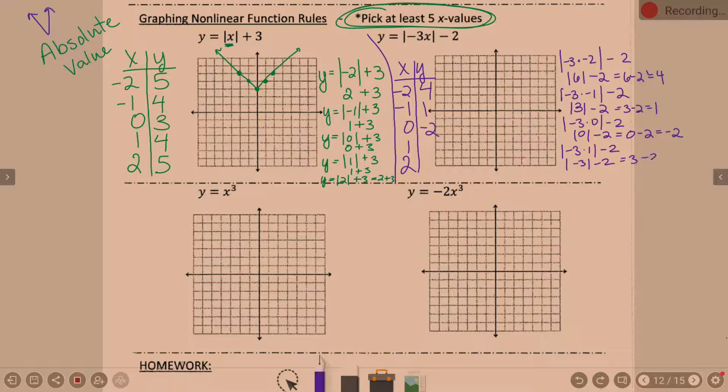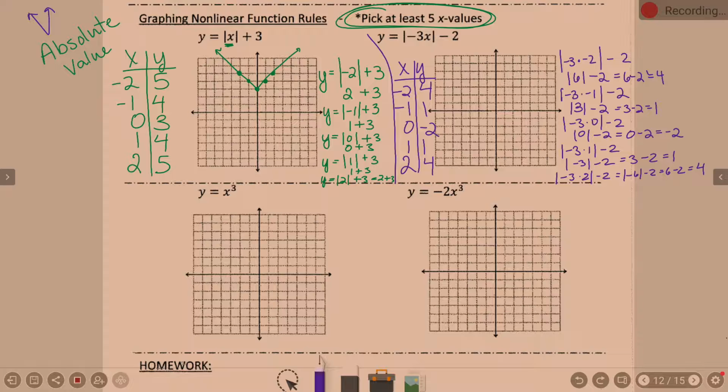And 3 minus 2 is 1. Okay, last one. -3 times 2 is -6. Absolute value of -6 is 6. And 6 minus 2 is 4.